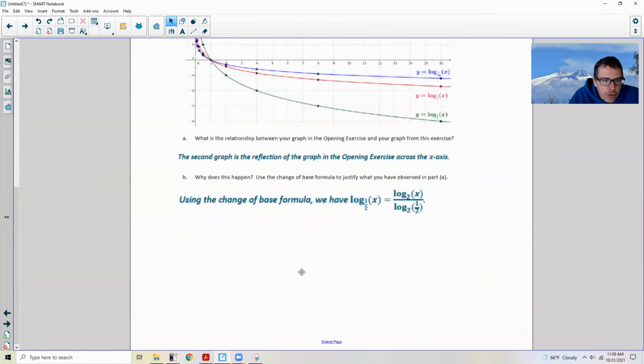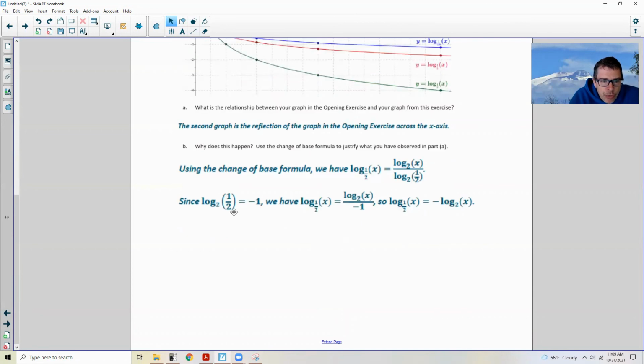Use the change of base formula to justify what you have just observed in part A. Using the change of base formula, we have log base 1/2 of x equals log base 2 of x divided by log base 2 of 1/2. Since log base 2 of 1/2 is -1, log base 1/2 of x equals log base 2 of x divided by -1.